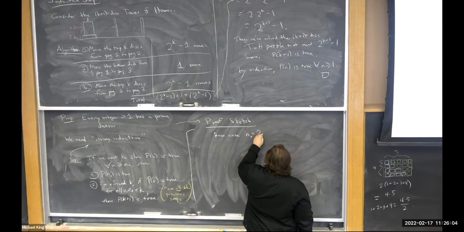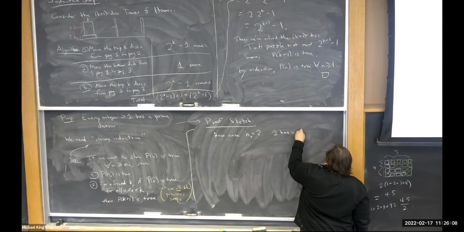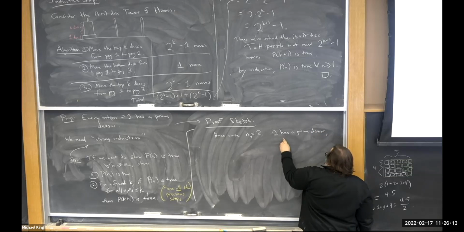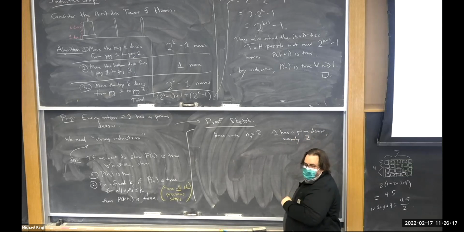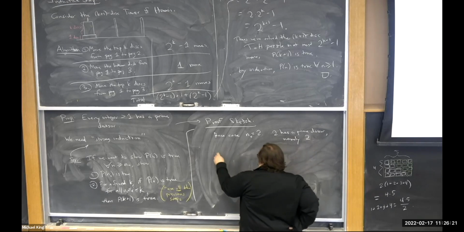N naught equals 2. 2 has a prime divisor, namely 2. Right? And then the inductive step is going to be something like the following.